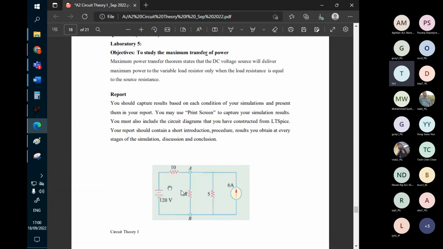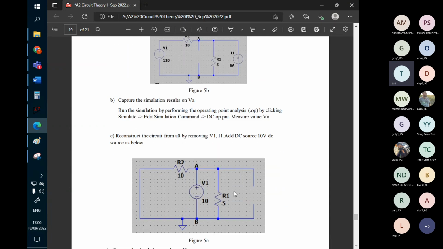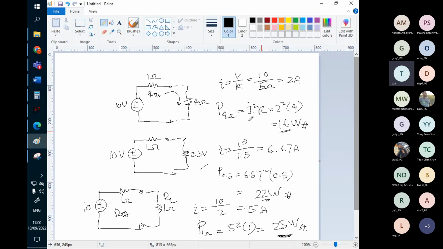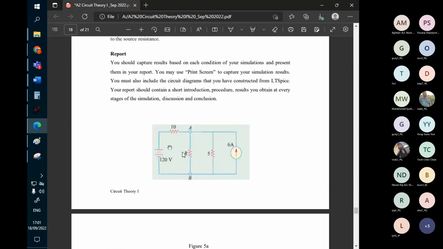I think our load should be this R. Most of the time, the RL is on the right-hand side, but not for this case. This time, our R is located in the middle between A and B. This way we place our external component.